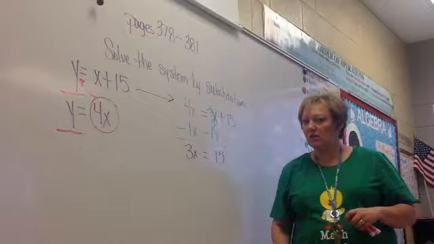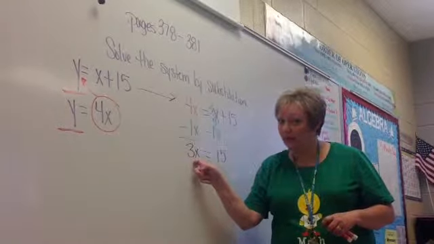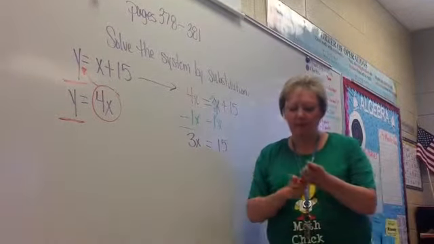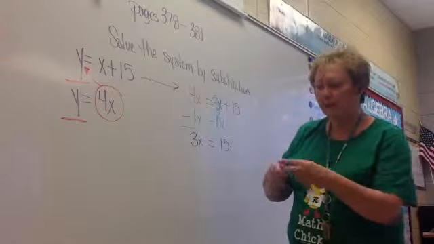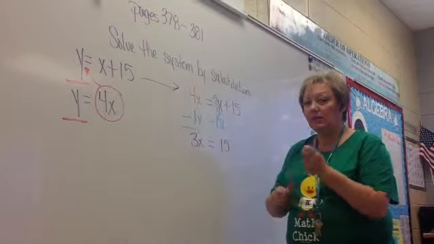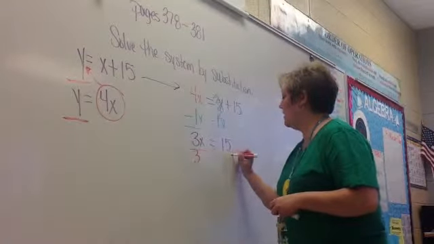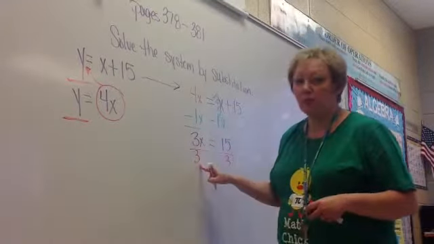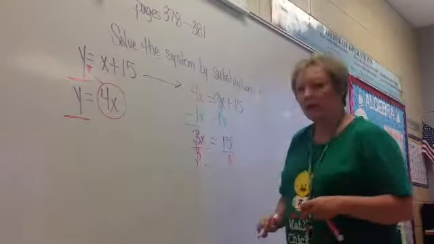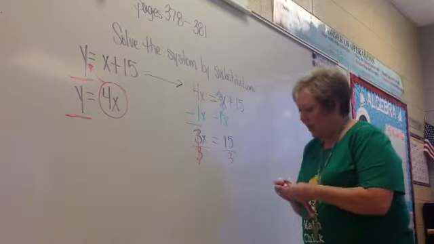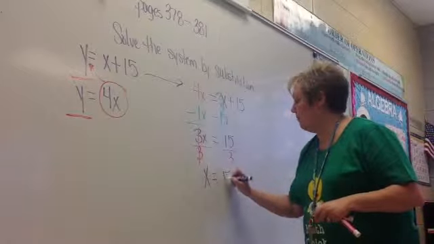What operation do we see? 3x. Multiplication. I hope you said that. So to solve this equation, we're going to perform the opposite operation. The opposite of multiplication is division. So I'm going to divide both sides by what the variable has been multiplied by, which is 3. That 3 over 3 becomes a 1, or 1x. And your answer here is x equals 5.